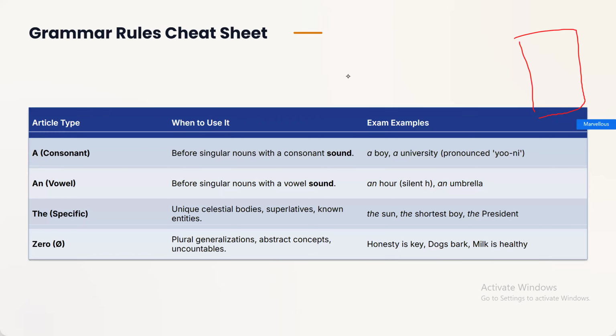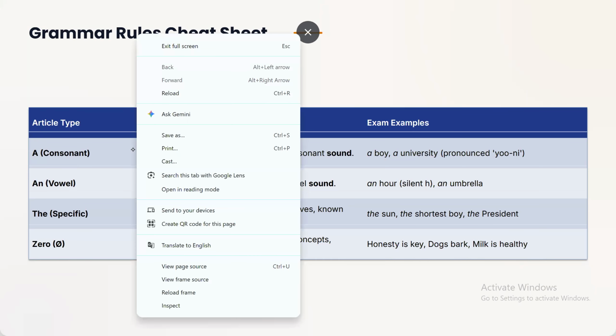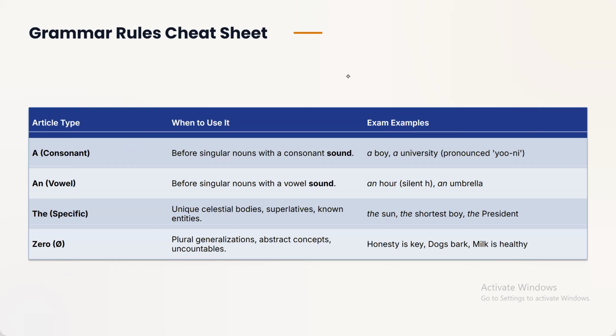Okay, so let's look at article types. A consonant. Whenever we have a consonant sound, we are not looking at just the word itself, we are looking at the sound.